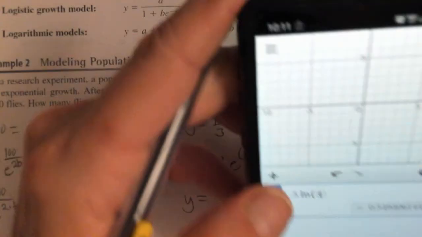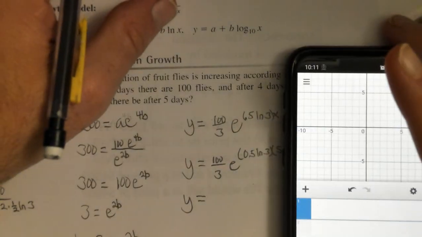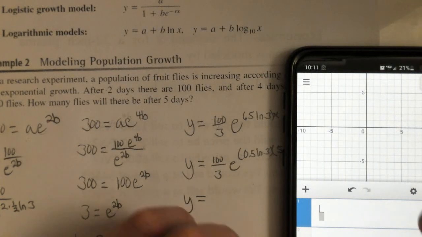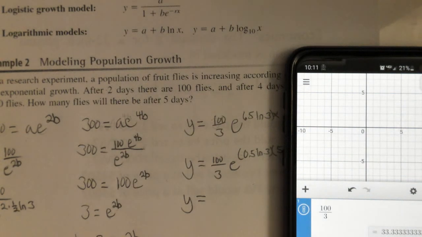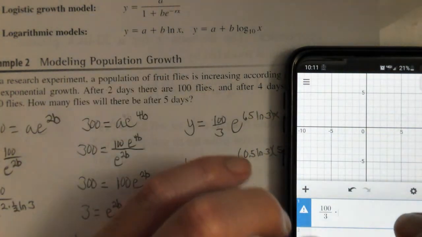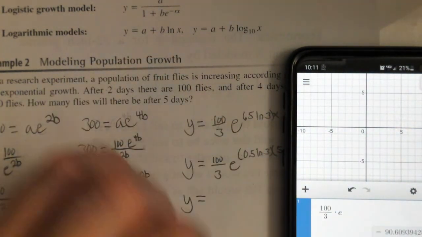Alright, so again I'm back at my Desmos calculator. Put my fraction in there, 100 over 3, let's come back out, do times e. Alright, got my e.